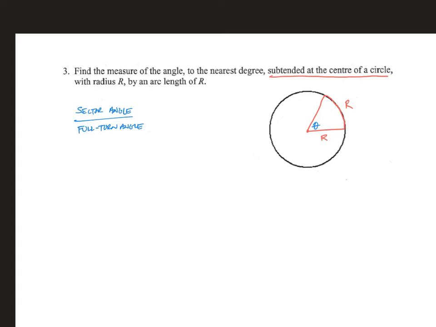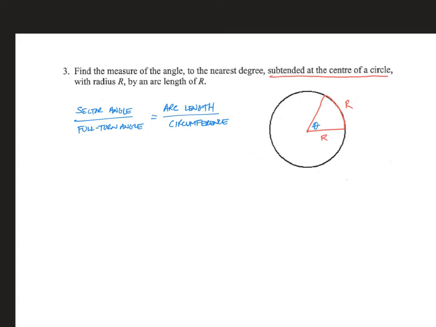And hopefully we've been good with that proportion, the same way that we would proportionally apply the area of a sector compared to the total area, or, as we did in problem 2, the arc length created compared to a full circumference.